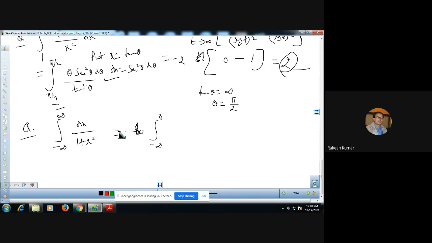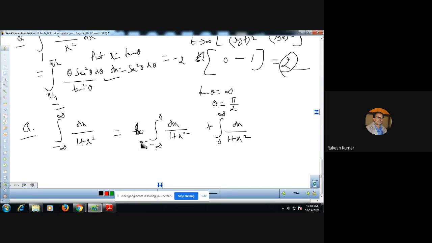This is the method when both the limits are in terms of infinity. So you can split the limits from minus infinity to 0 and then 0 to infinity. Always apply this procedure for solving the integral when both limits are in terms of infinity.